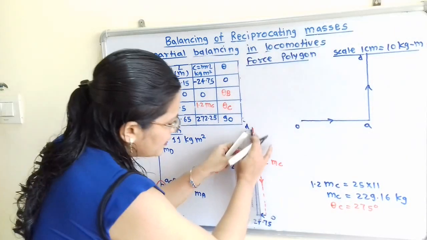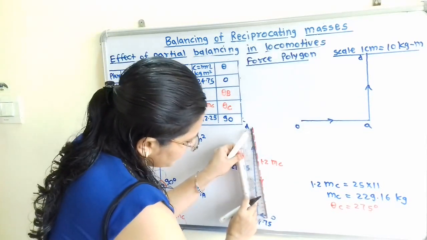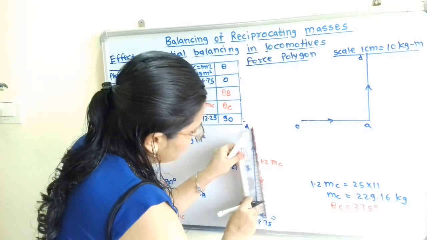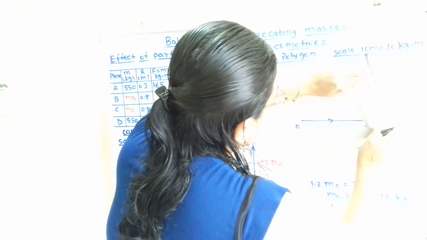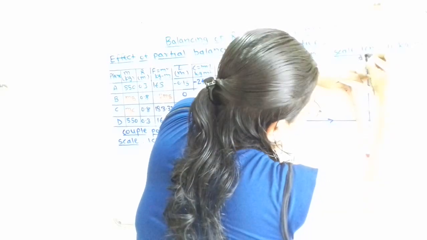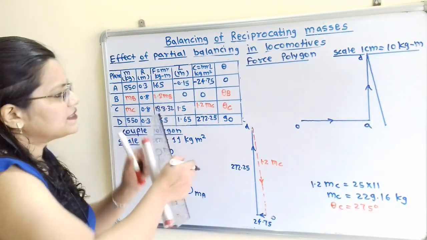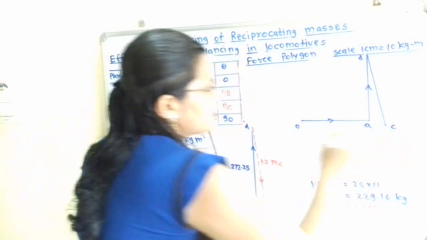We can transfer this angle from the couple polygon, and if I transfer this angle from D, then with the help of a roller we can transfer this, and it is 18.33. So we will mark one point. Now we have to join the points. So it is plane C, and I will mark the small letter C.